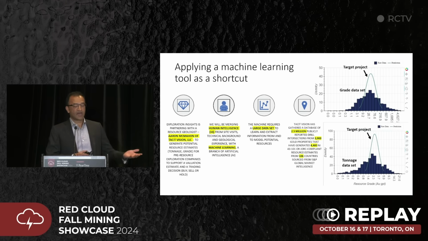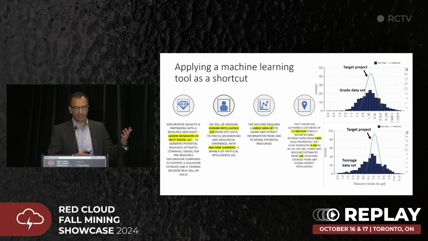And so what I'm advocating here is that in your toolkit, this might be something to consider, but don't go brain dead. You still have to add your human intelligence in terms of understanding the geology and whether the machine has got it right. Again, all these machines need data, and it's got to be consistent data.